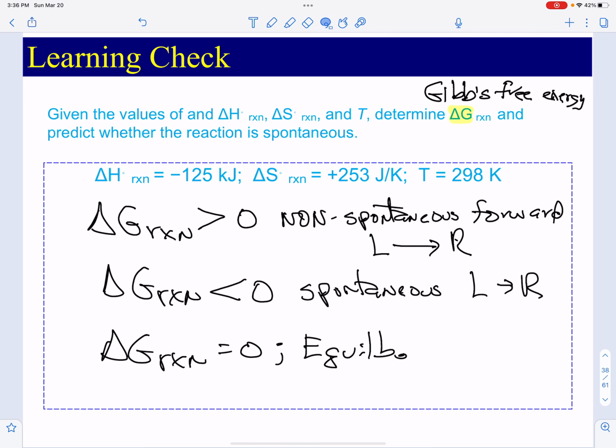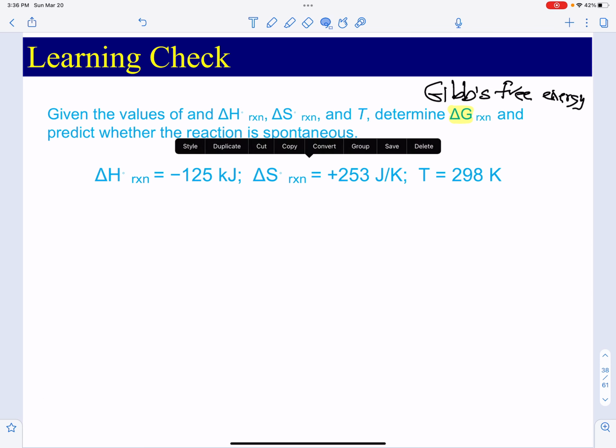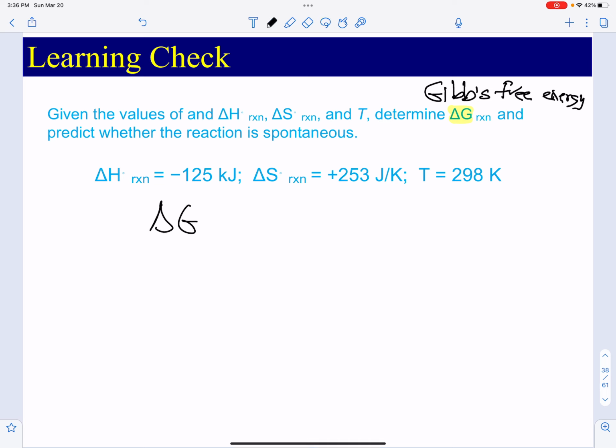So let's calculate that. And we also know that delta G of the reaction is going to be equal to delta H, or enthalpy of the reaction, minus T delta S of the reaction. So let's see what we have here.